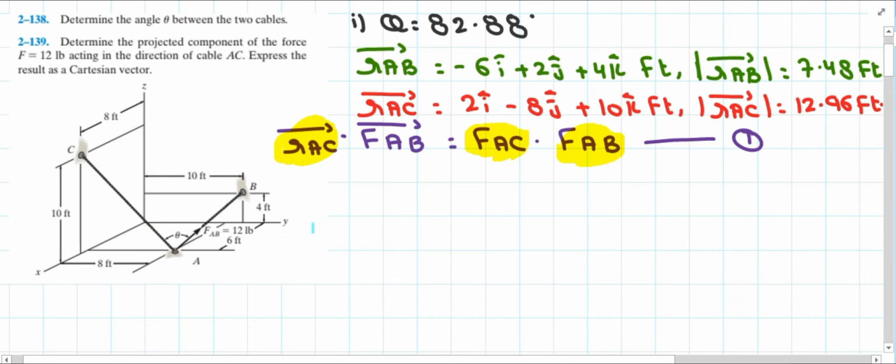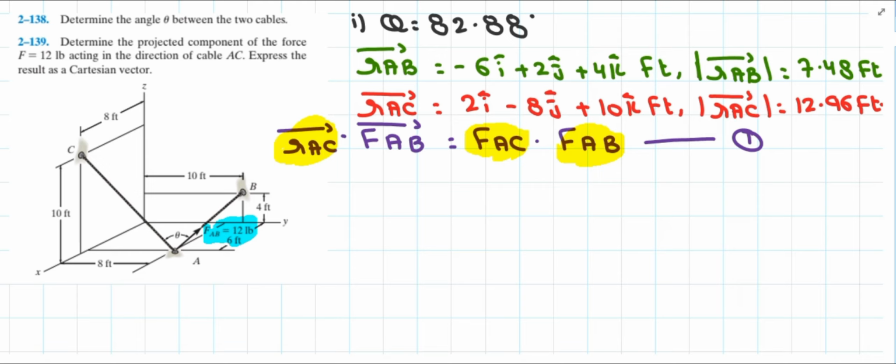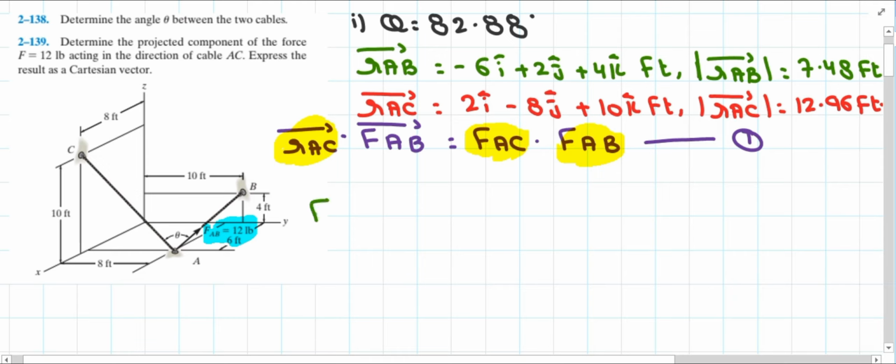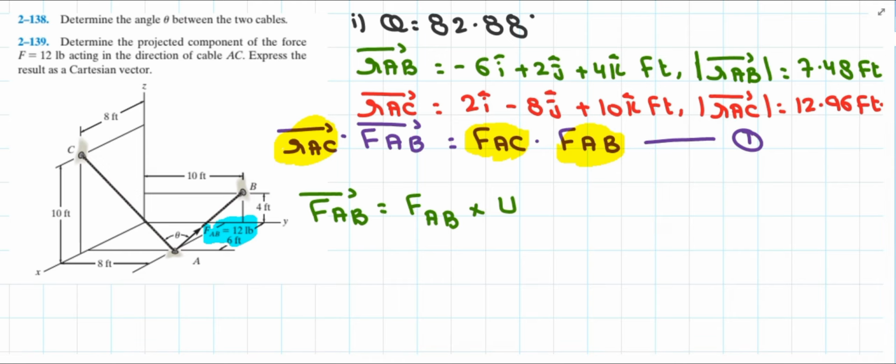If you see the question diagram, FAB is given to us, that is 12 pounds. The only thing we don't know is the vectorial form of FAB, so we are going to find it easily. We know that the vectorial form of FAB is equal to the magnitude of FAB times the unit vector along which the force is acting, and in this case the force is acting along AB, so I write AB here.